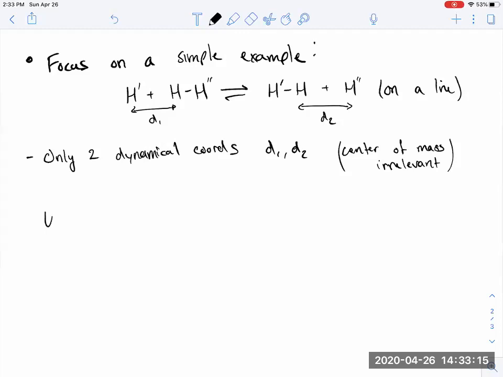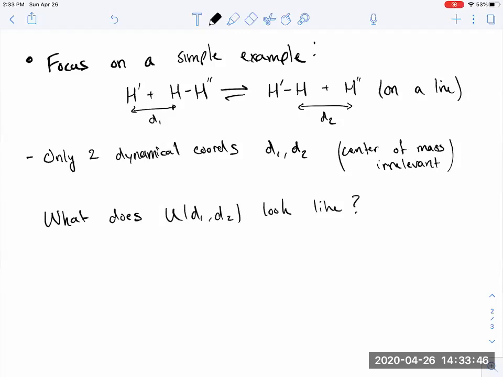And to do that, as I've already alluded to, we need to think through the potential energy surface, or what the potential energy surface in these two coordinates looks like. Because as before, if we know the potential energy surface, we could in principle compute forces, and from those forces propagate the system in time.